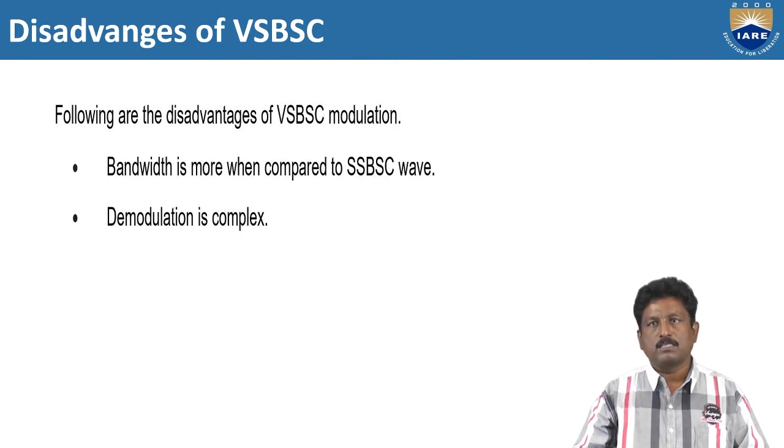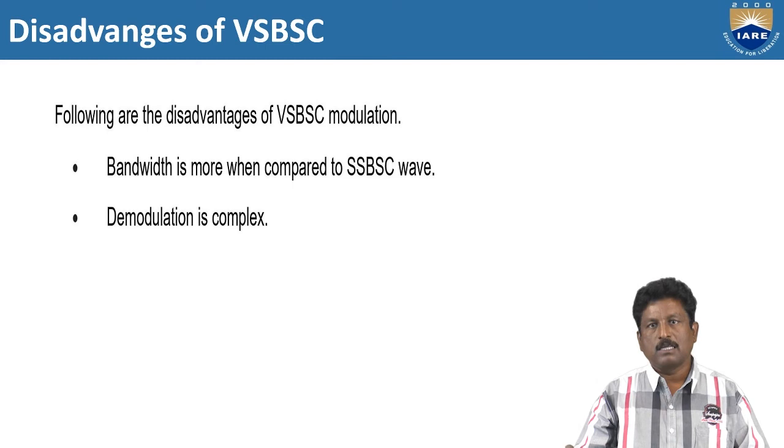Then what are the drawbacks of this VSBSC wave, Vestigial Sideband Suppressed Carrier? Bandwidth is more when compared to the SSB. In SSB modulation, we are transmitting only one sideband, whereas in the VSBSC wave, we are transmitting one sideband plus a part of the other sideband.